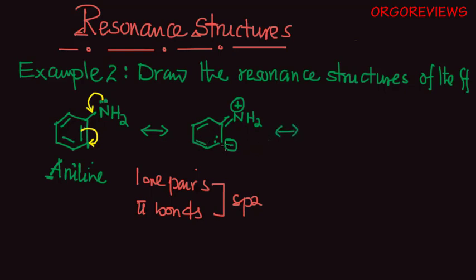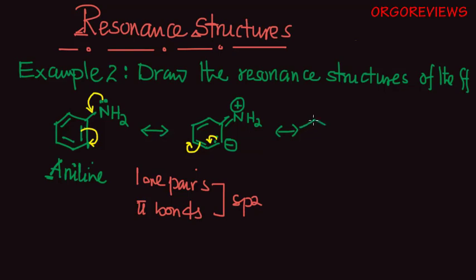At this point, we can move these electron pairs around. This electron pair will be moved onto the bond, and whenever that happens, the pi electrons will move onto the next carbon because these carbons are sp2 hybridized.